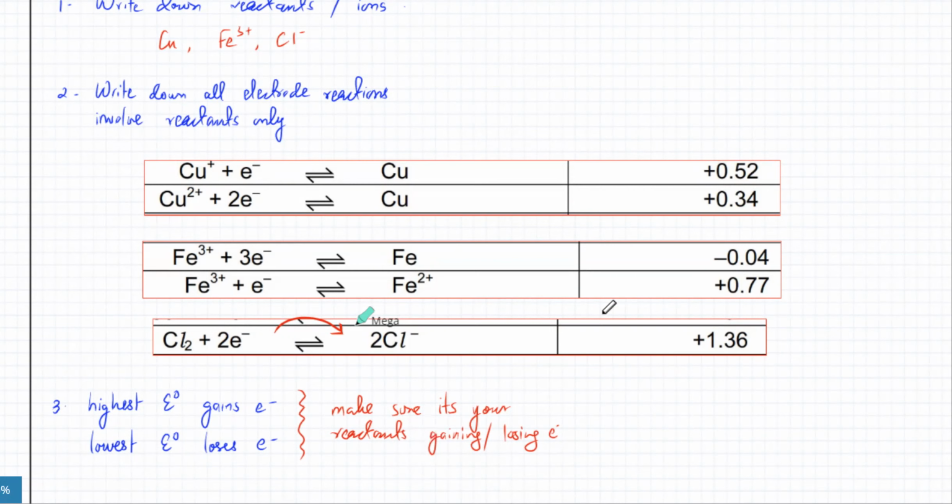This is the highest potential, which means that this has the highest tendency to actually gain electrons. So who's going to gain electrons? It's Cl2 that's going to gain electrons to form Cl-. Do I have Cl2 over here? I don't have Cl2. Is that clear?